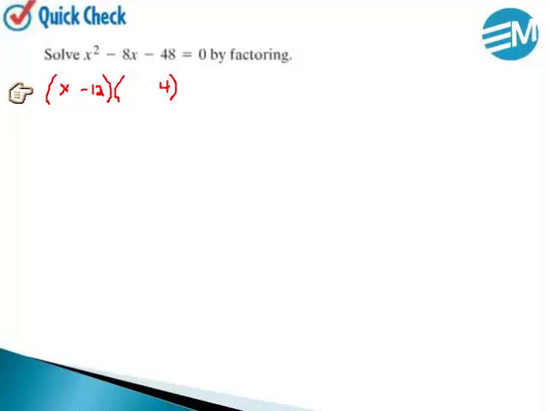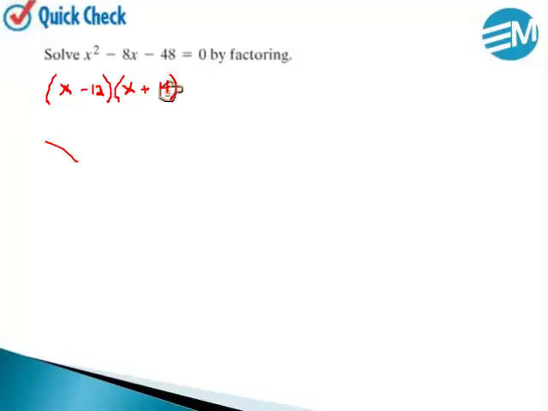You can also make the factors on the right hand side, otherwise you might go wrong. That's correct, 12 times 4 is 48.